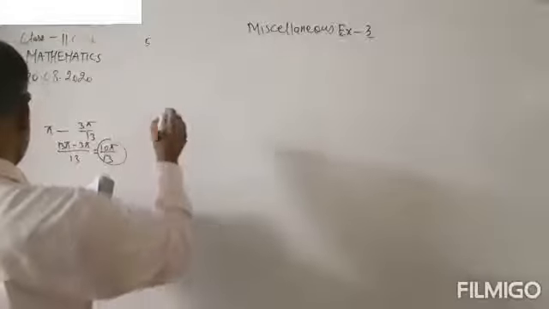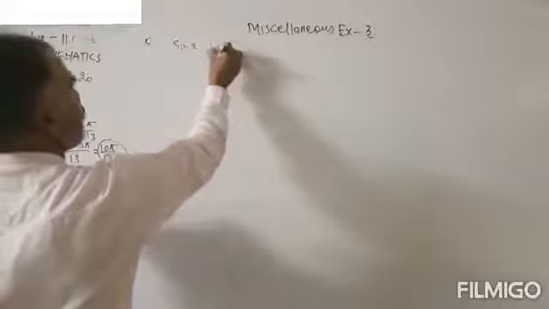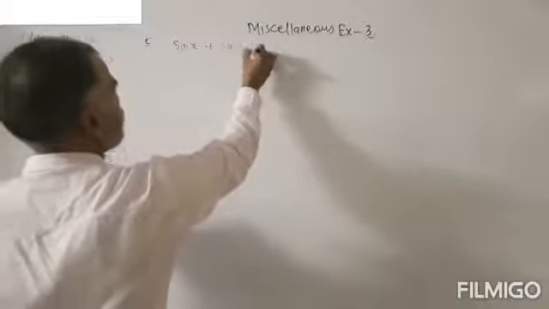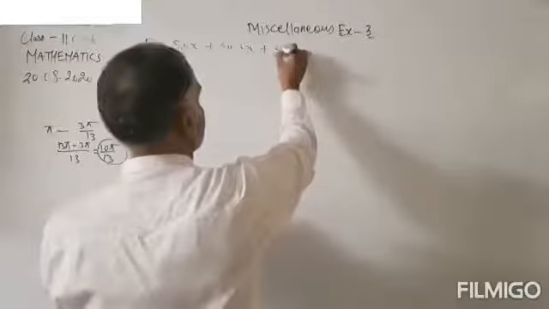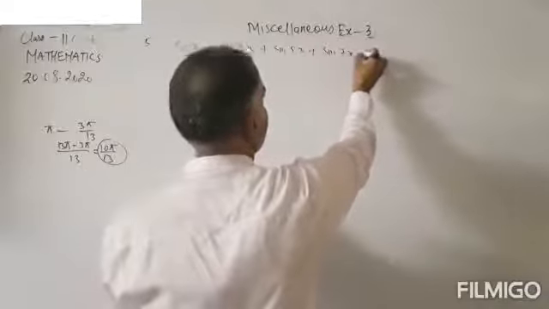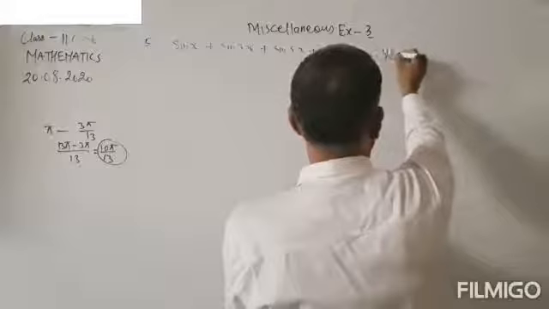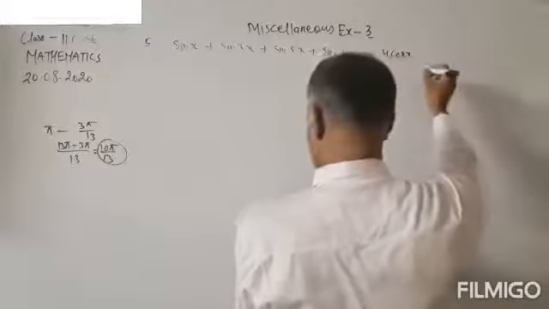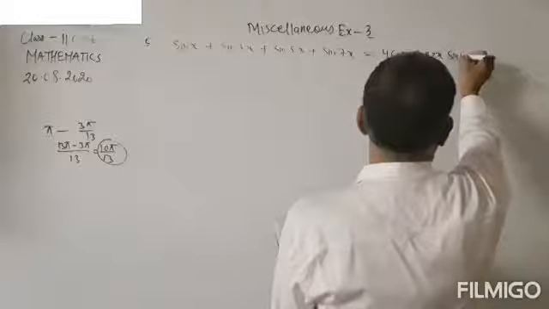That is sin x plus sin 3x plus sin 5x plus sin 7x is equal to, we have to prove, 4 cos x cos 2x sin 4x.